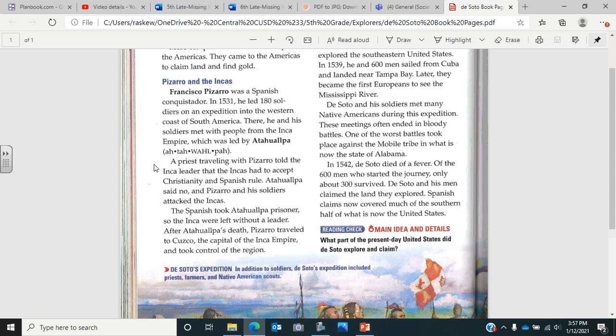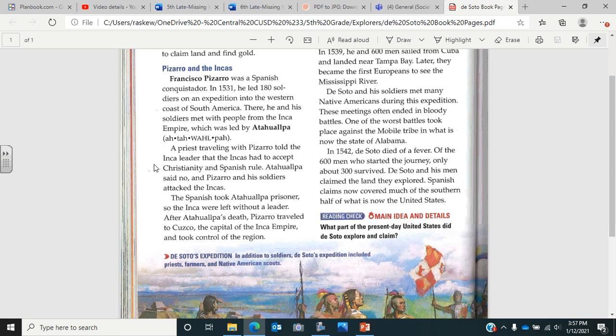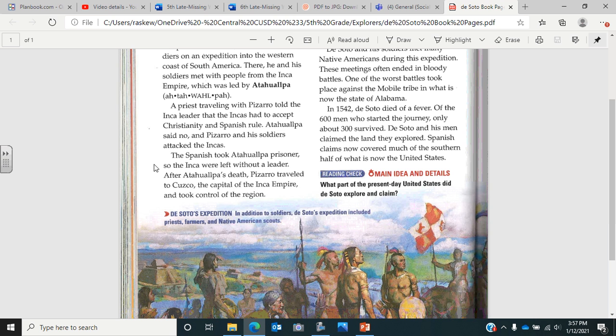Atahualpa said no, and Pizarro and his soldiers attacked the Incas. So they were trying to take over the land. The Spanish took Atahualpa prisoner, so the Incas were left without a leader. After Atahualpa's death, Pizarro traveled to Cusco, the capital of the Inca Empire, and took control of the region.